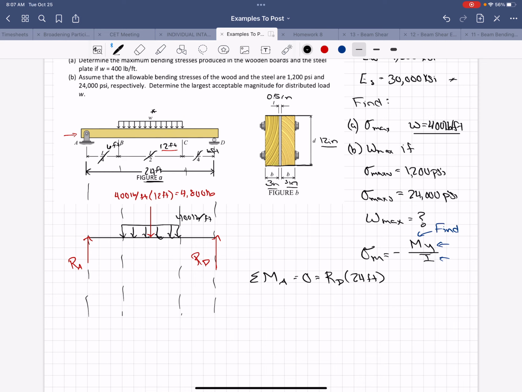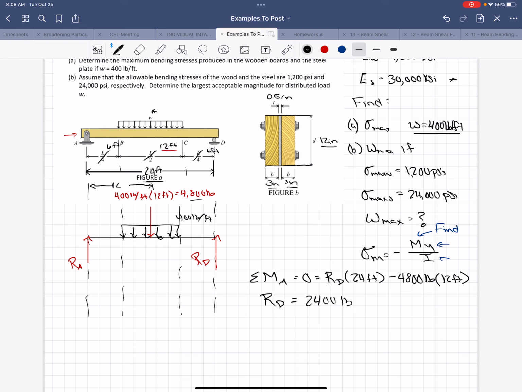That's a positive moment around A minus 4,800 pounds times that acts halfway across the beam, so that's 12 feet. Solving for RD, we get that it equals 2,400 pounds, which is half of this load.